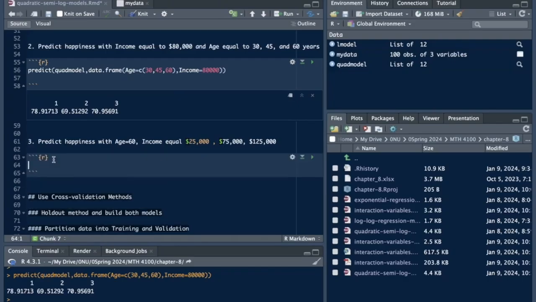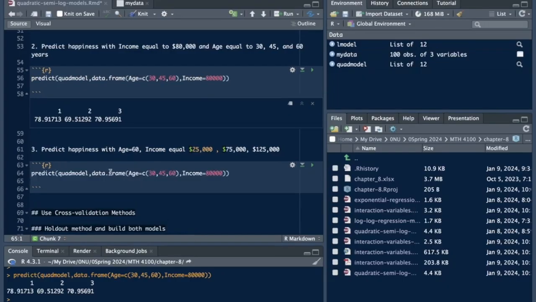Now we're going to do the opposite. We're going to do the prediction with different incomes for the same person, 60 years old. So the age is 60 here, but the income is c, with different incomes: 75,000, 125,000. We have a problem with the dollars here, so I'm going to take them off.